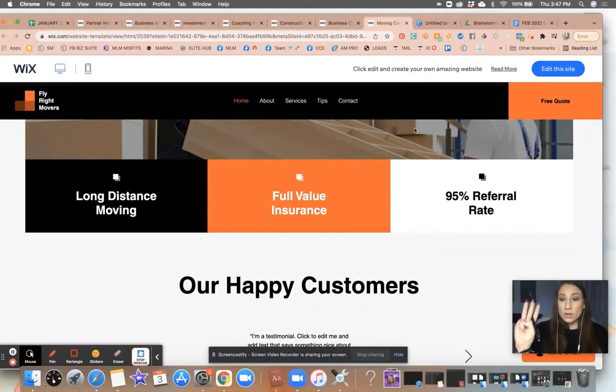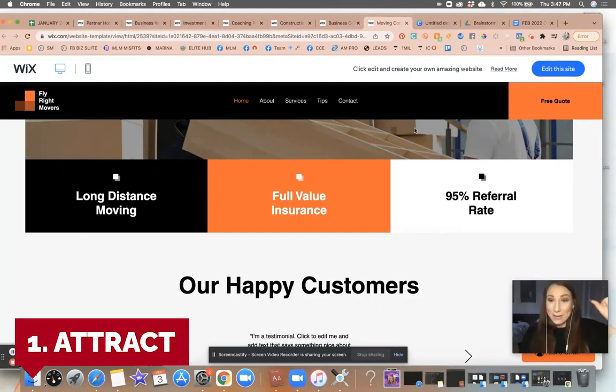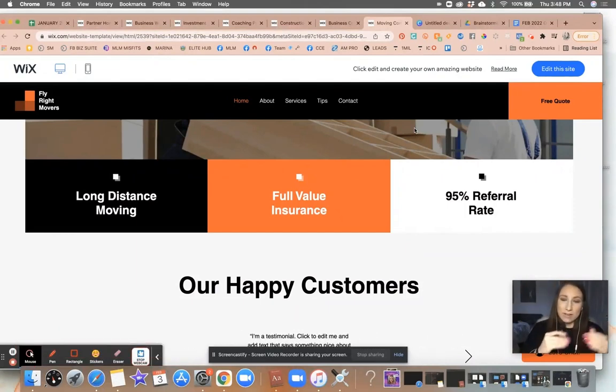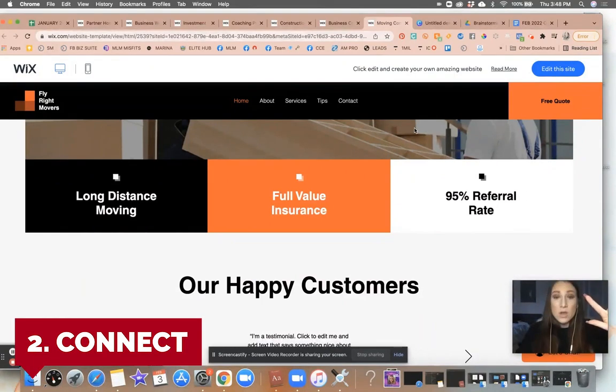The 3 goals of your Wix website when somebody first lands on your site is to, number one, attract them, which you're going to do through site design, your brand colors, making sure everything is all kind of in alignment with your brand. You're going to connect them with: who are you? What do you do?